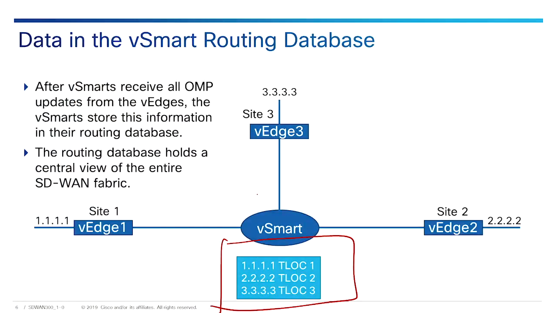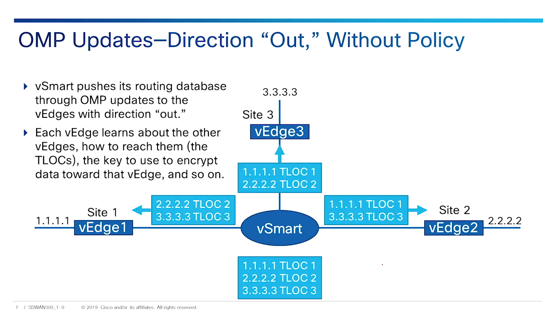Now, vSmart has gotten all these updates, now it has to distribute them. By default, of course, it's going to distribute the entire update to everyone, except the one it received it from. So site 2 isn't going to get 2.2.2.2 back. There's no reason for it. So it does filter out your own advertised update. We do have some split horizon here.